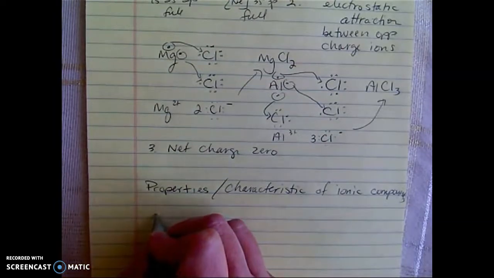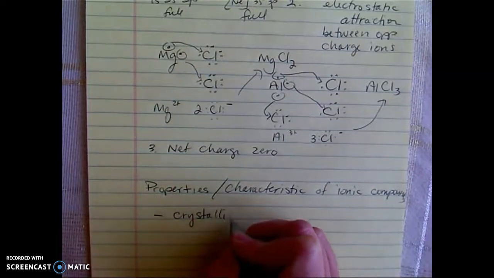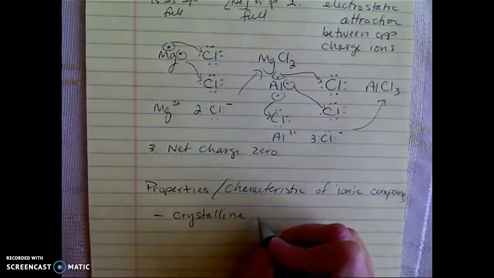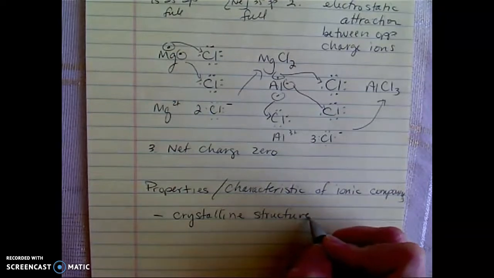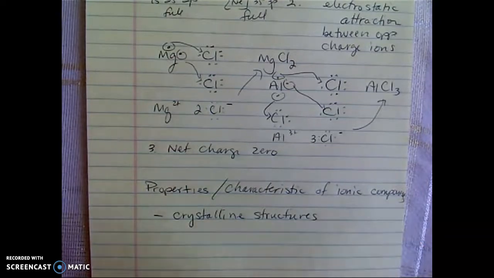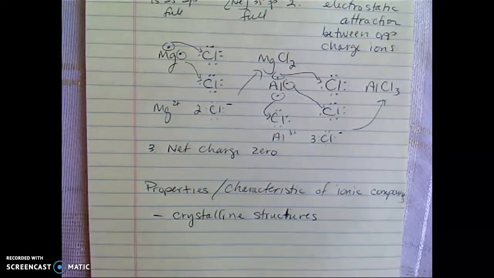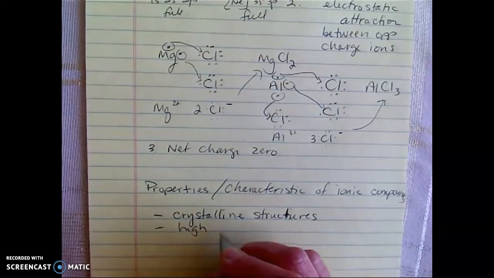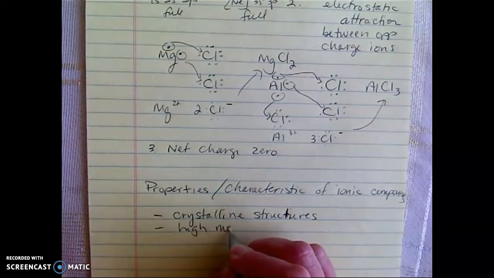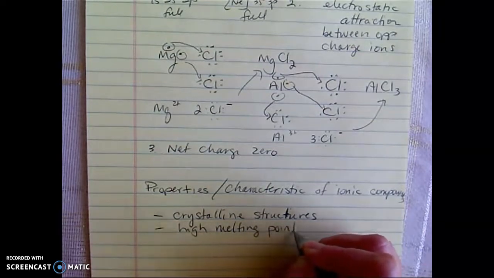Again, they have crystalline structures. We learned that before. They will form crystals when the oppositely charged ions come together. Okay, crystalline structures. We learned that they have very high melting points. Okay, high melting points.